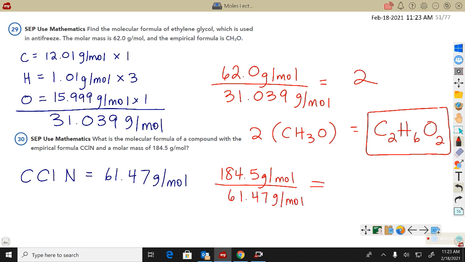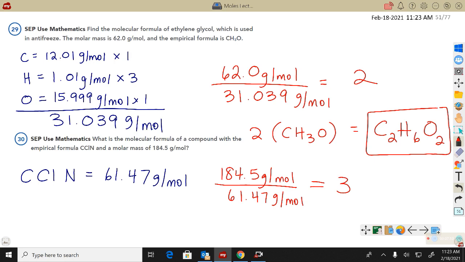And I hope for a whole number, 184.5 by 61.47. Whoopsies, I should probably plug that in my calculator, right? 184.5, there we go, by 61.47. Perfect. 3. These really should come out to a whole number multiplier.